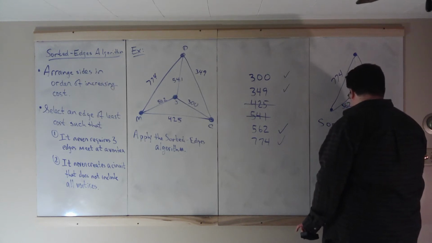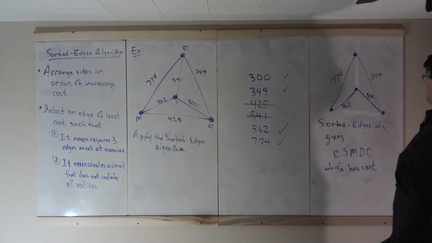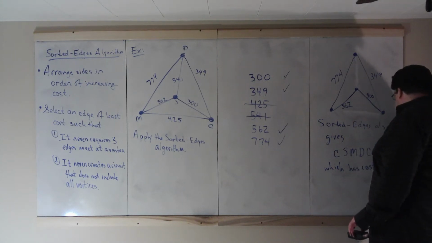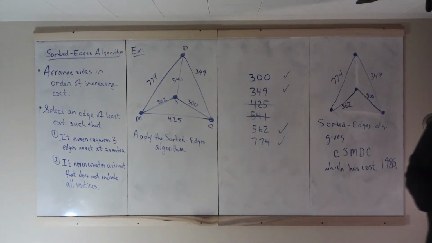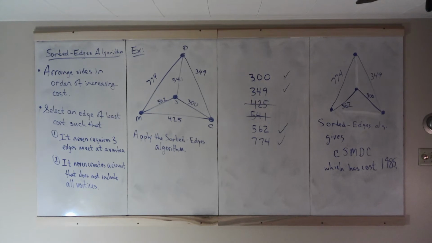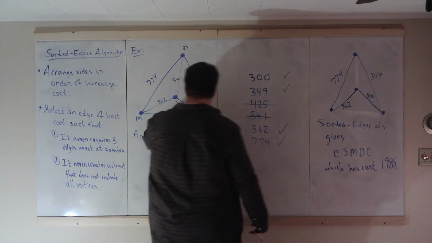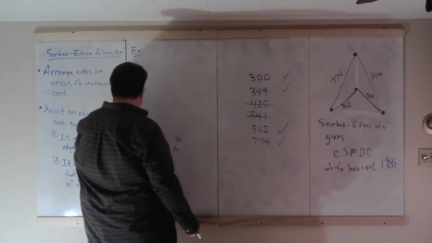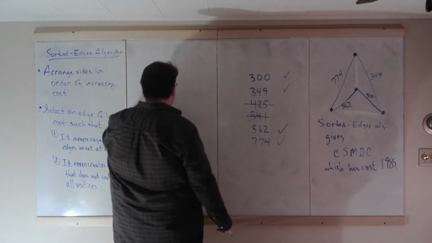This one has cost, which one was this? This was the one that ended with 5. So 1985, which is not the minimum cost. Yes, 1985. But the algorithm gave that one. The sorted edges algorithm could also give the one of most cost, depending on the graph.